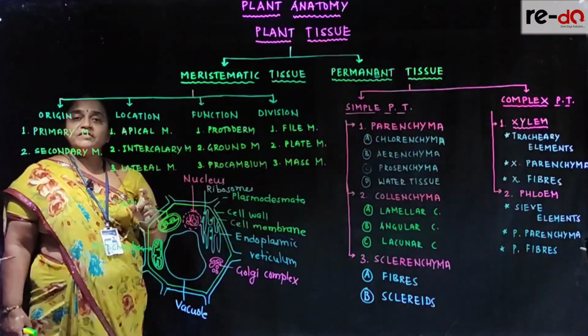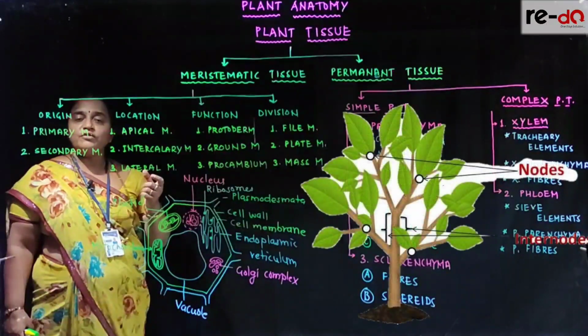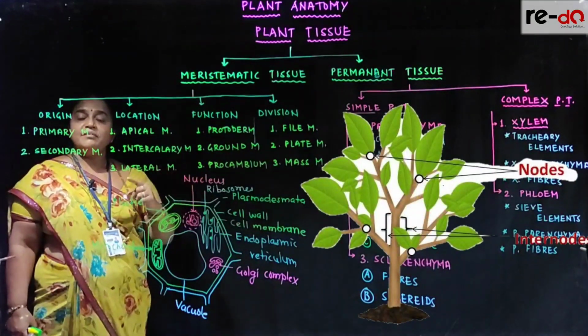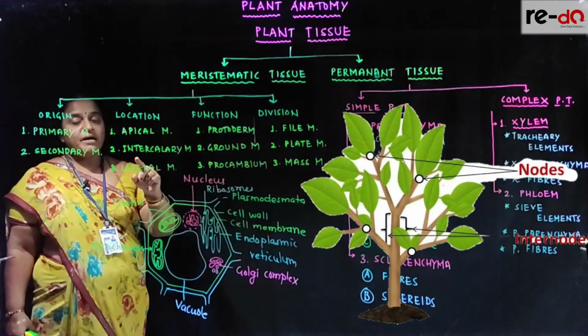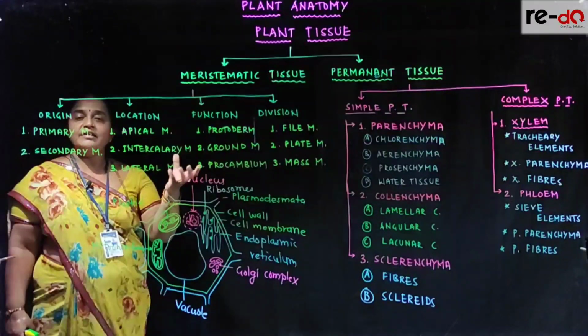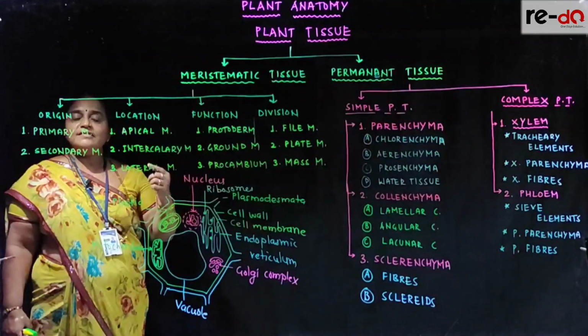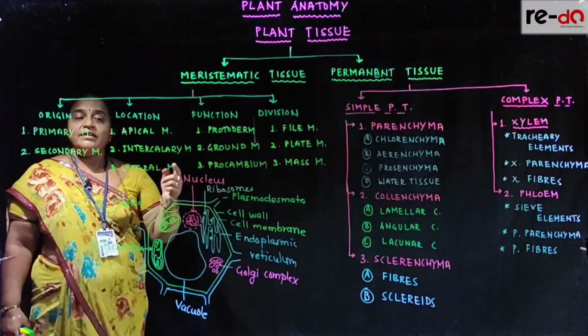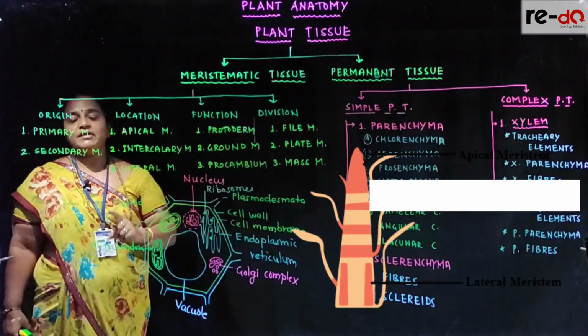Then on the shoot system, there are junctions called nodes from which the leaf develops, the branch develops, bud develops, blooms into flower, and after reproduction, fruit and the seed. So all these lateral parts are derivatives of intercalary meristem.